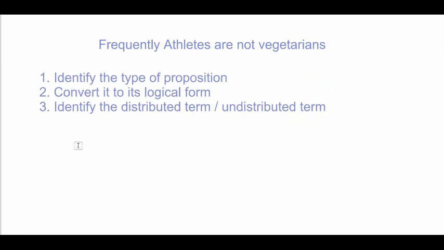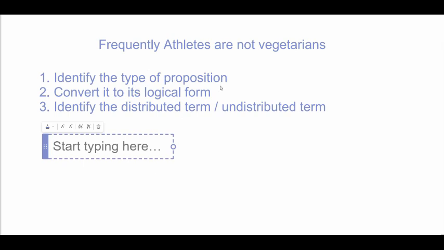All right. So I may digress a little bit from the actual topic, just to explain to you who are just looking at this video, what a proposition is, how propositions are divided, and so on. So let's start with how to identify the type of proposition.